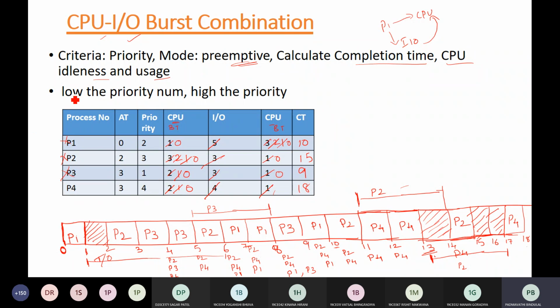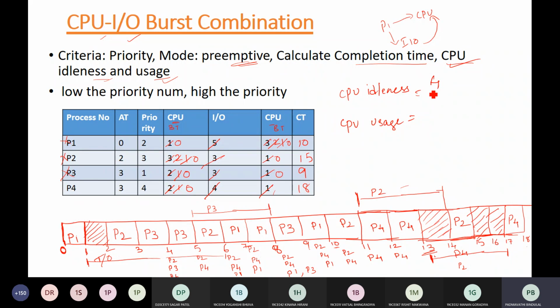Okay. Now another question that was given is to calculate CPU idleness and usage. So totally how many slots do you have? 18 slots. So if you want to calculate CPU idleness, how much time the CPU was idle, and what is the utilization, or you can say usage, of the CPU. How many free slots do you have? 1 2 3 4.